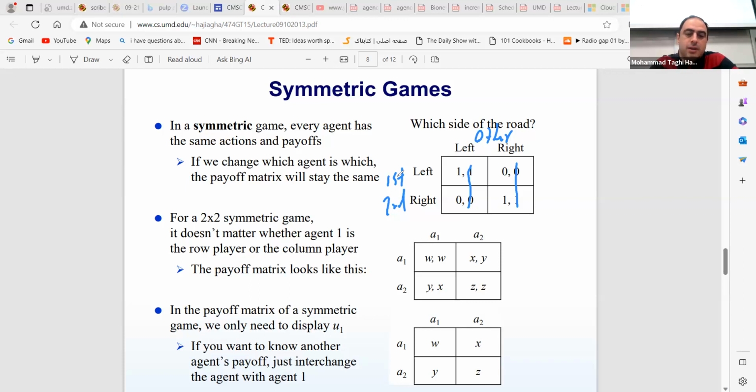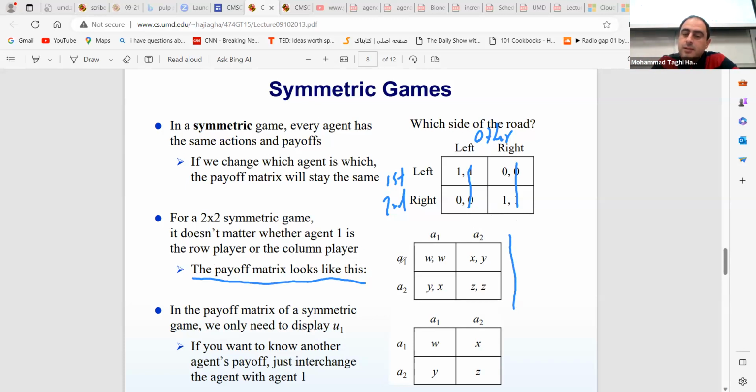In particular, in the 2x2 symmetric game, it doesn't matter whether agent one is the row player or the column player. So for two people, the common payoff matrix looks like this. If this is a two-player game, and each of them has two actions, then it would be something like this.